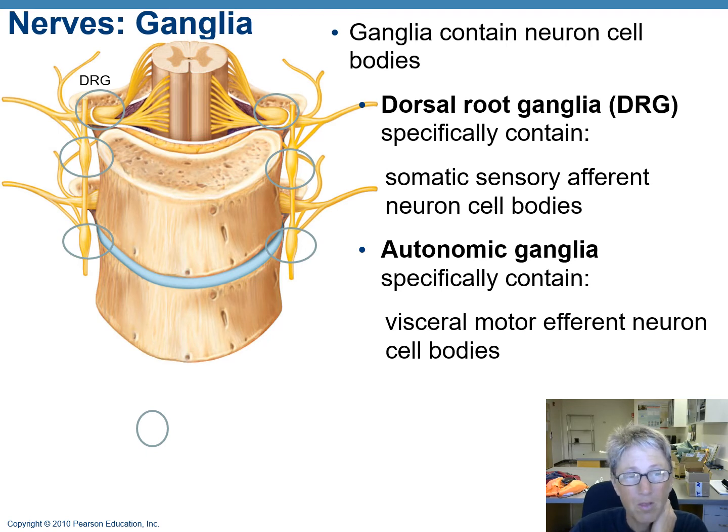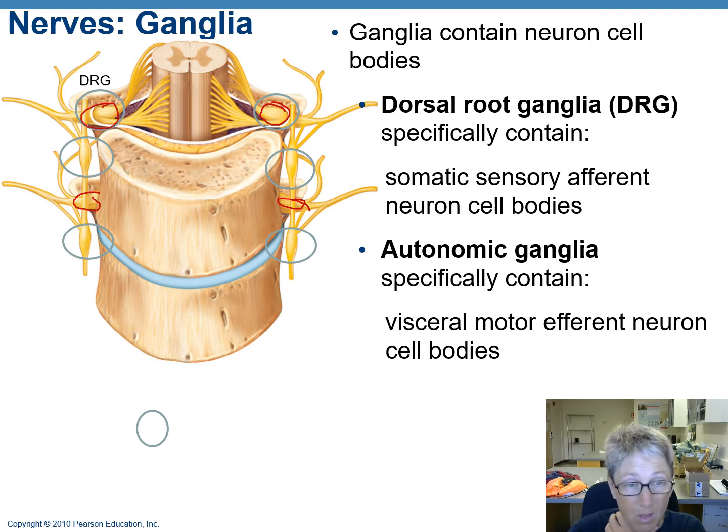Okay, so we've seen this cartoon before, and I've got the dorsal root ganglion circled. So just remember, ganglia in the peripheral nervous system are structures that contain neuron cell bodies. These are dorsal root ganglia.